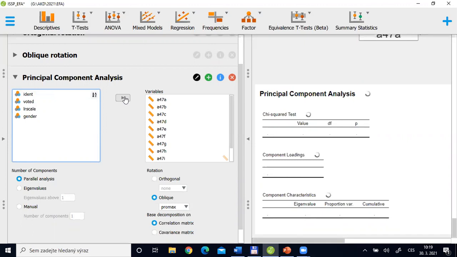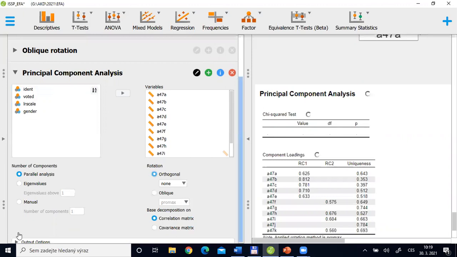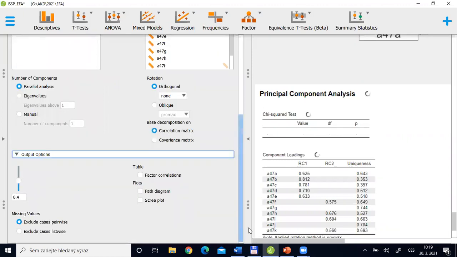Once again, you can see there are rules for deciding the number of principal components, not factors. I can rotate, I can also cancel rotation, so I would cancel rotation for the first inside. And here in output options, I can also ask for a path diagram as well as for a Scree Plot. So I will ask for these 2 outputs. That's all for this first inside.